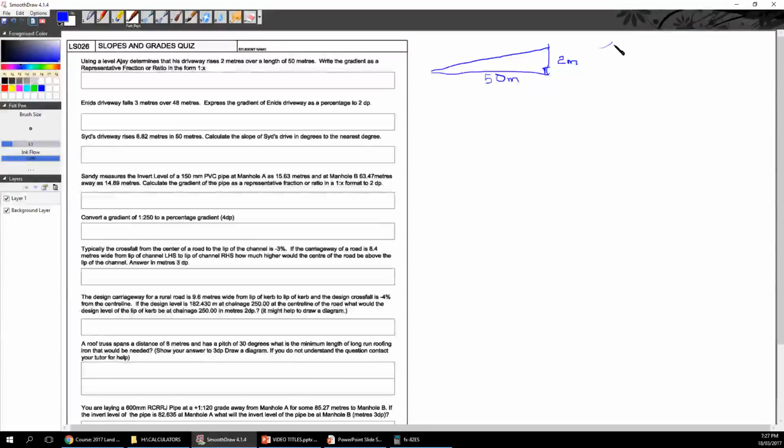So that's the situation there, and the gradient equals rise over run.